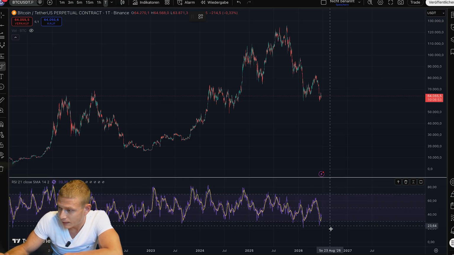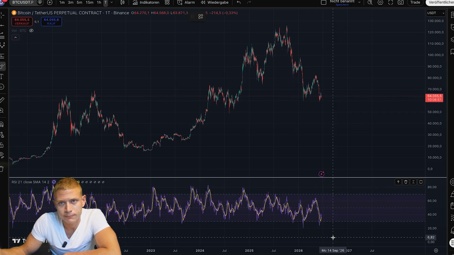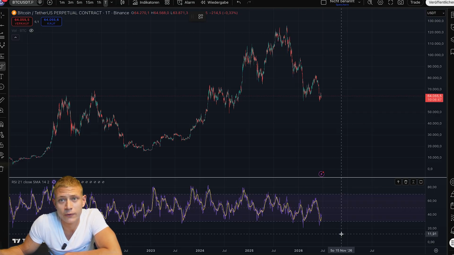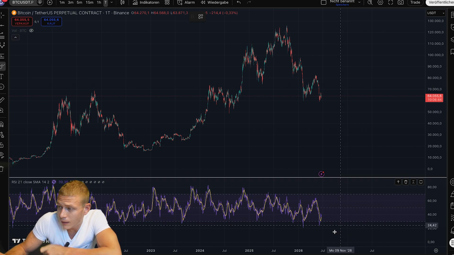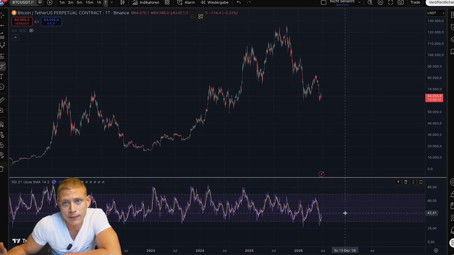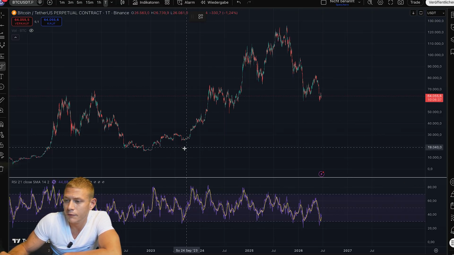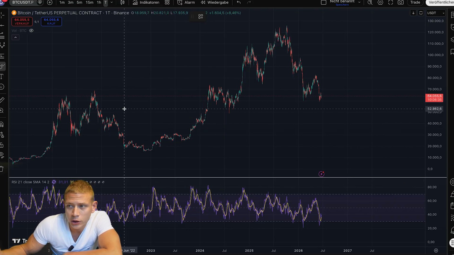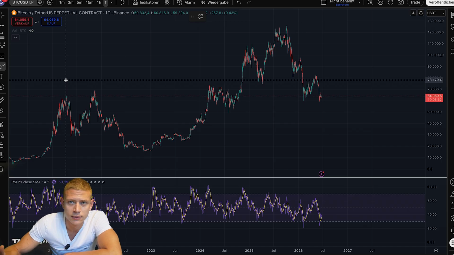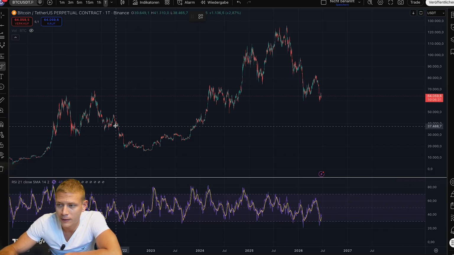If we dip into the black area, you should already be cautious if you're in a short, since we are so-called oversold. But once we turn around and go back into the purple area, that's a buying signal. And I will just highlight the previous signals on the chart, so you can check for yourself if they played out or not.